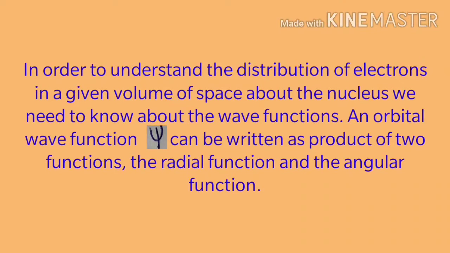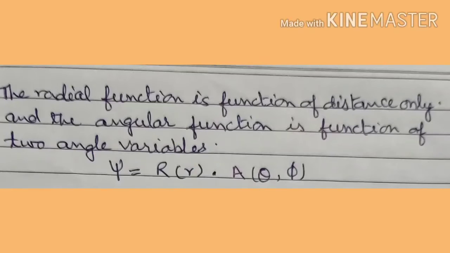An orbital wave function psi can be written as a product of two functions, the radial function and the angular function. The radial function is a function of distance only, and the angular function is a function of two angle variables.